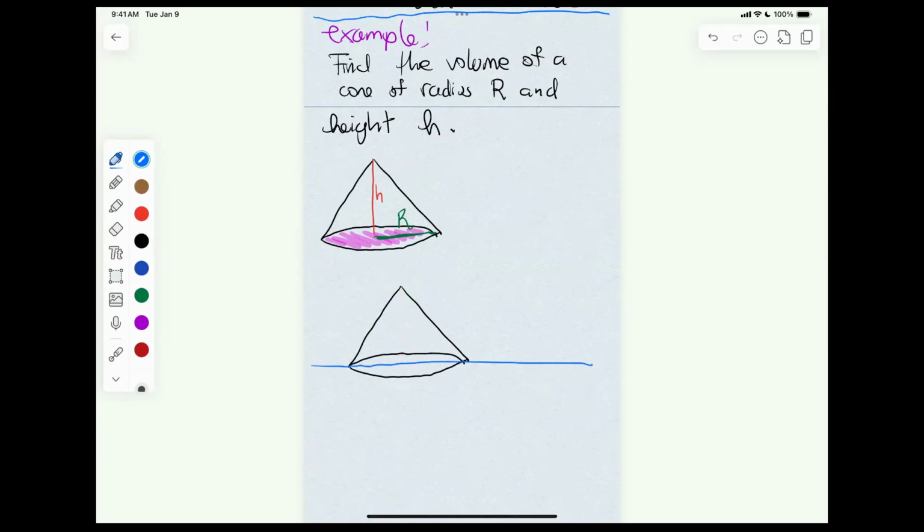Imagine that the x-axis is passing through the cone in this way, and you want to cut the cone with planes, or a piece of paper. Just imagine you have a knife and you make a cut on the cone.